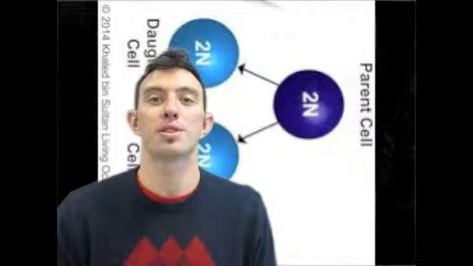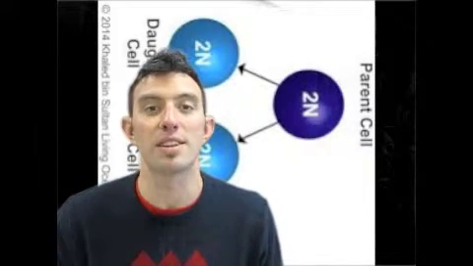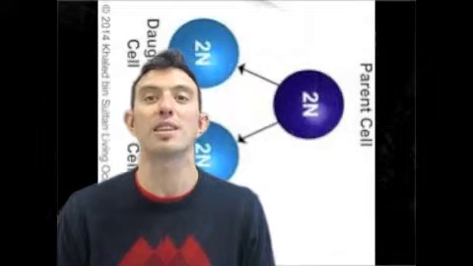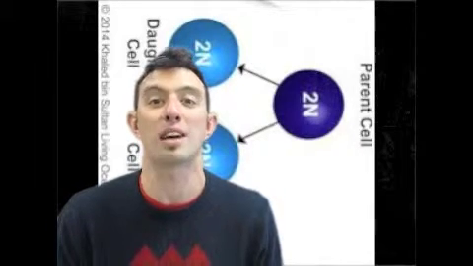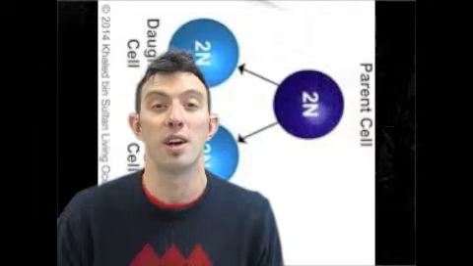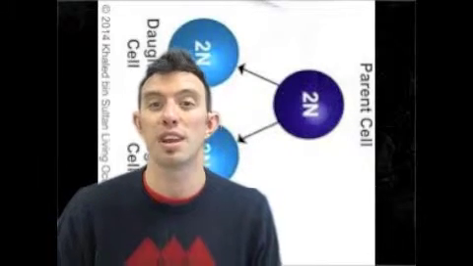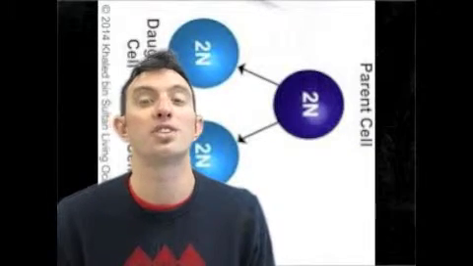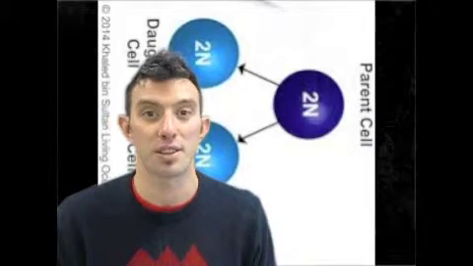Now, the big deal is that mitosis is always going to start with a diploid cell. That diploid cell is going to divide, and when it divides, it's actually going to make the exact replicate or exact copy of itself. Therefore, every cell that comes from a mitotic division is genetically identical.